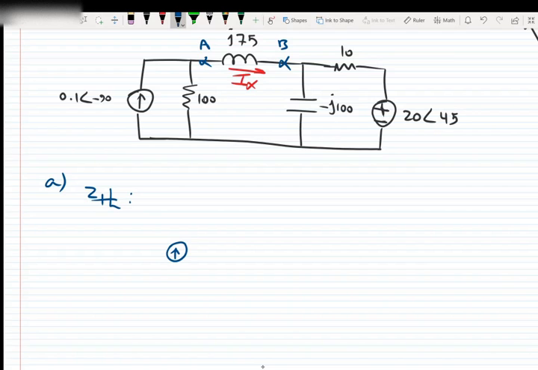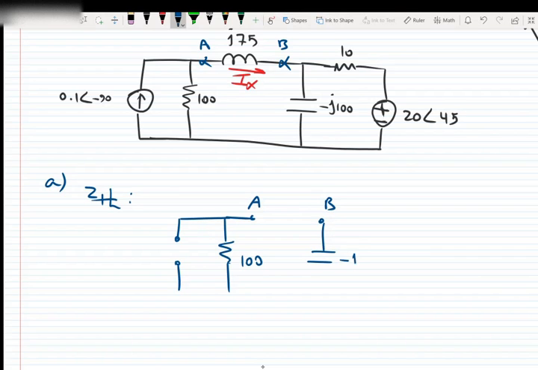First, we want to find Z Thevenin. In order to find Z Thevenin, we turn off all the sources. If we turn off the current source, it's an open circuit. Here is the 100, here is point A. Here is point B. Point B is connected to negative J100, and it's connected like this. Something is missing here.